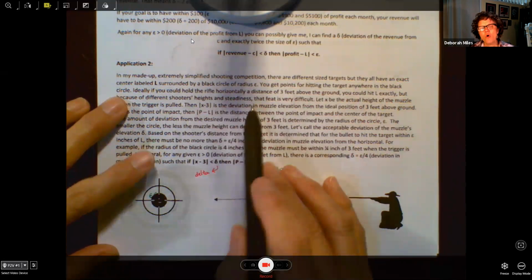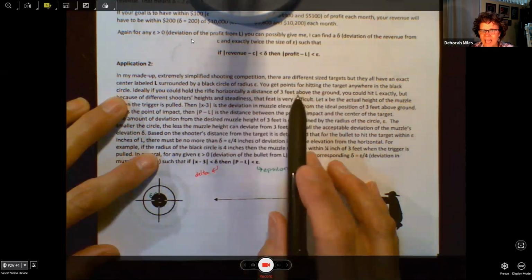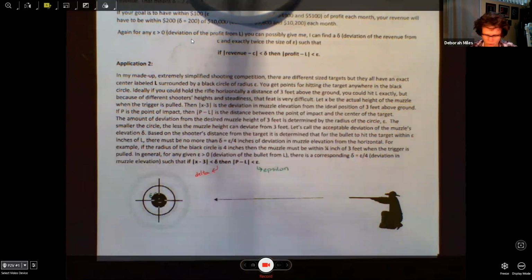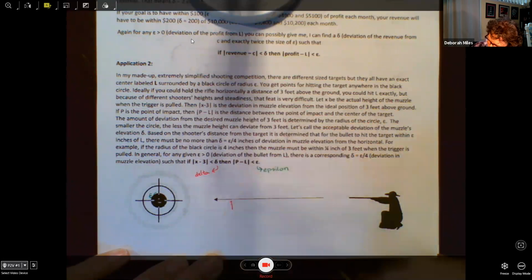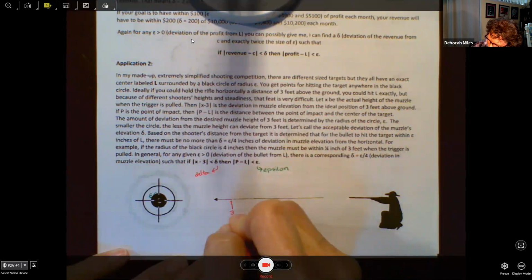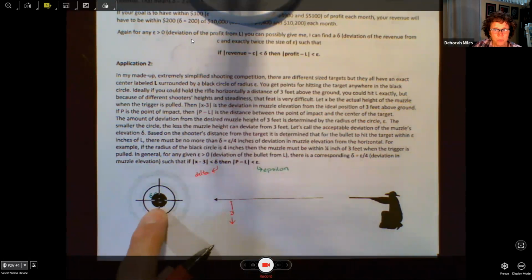Ideally, if you could hold the rifle horizontally a distance of exactly 3 feet above the ground. If this were always, no wind, no trembles, nothing, 3 feet above the ground, then you would hit L, the bullseye, exactly.